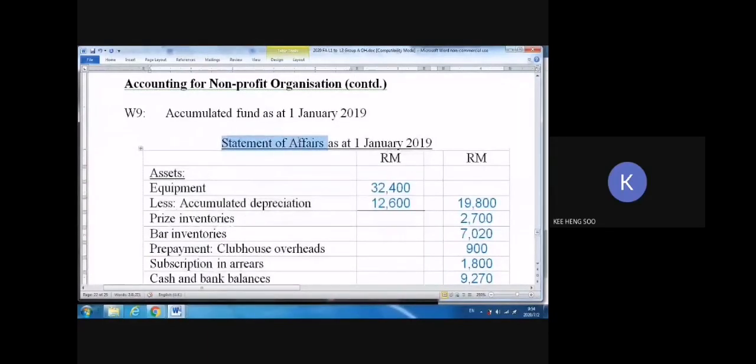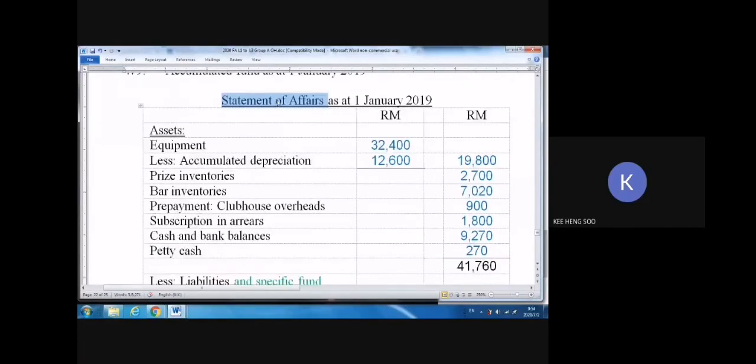You got it? This statement of affairs was used in the last week tutorial for incorporated cost. I think today we have to change the title to statement to ascertain the accumulated fund. Are you feeling okay or not? I don't want to go into so much detail because I accept all these terms.